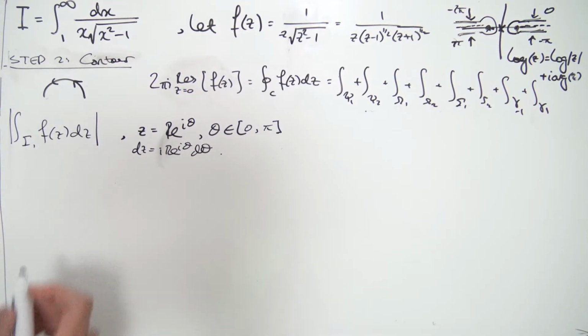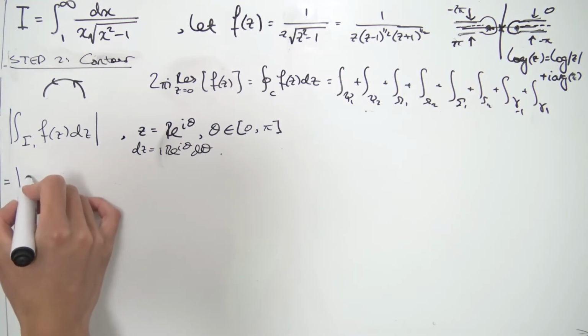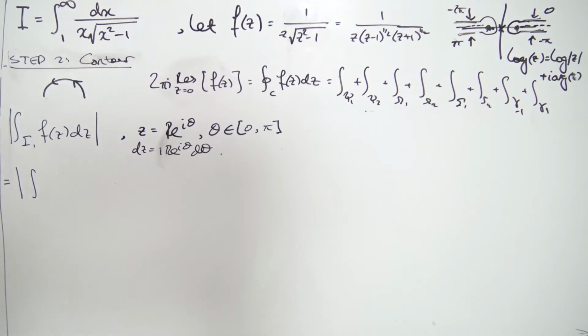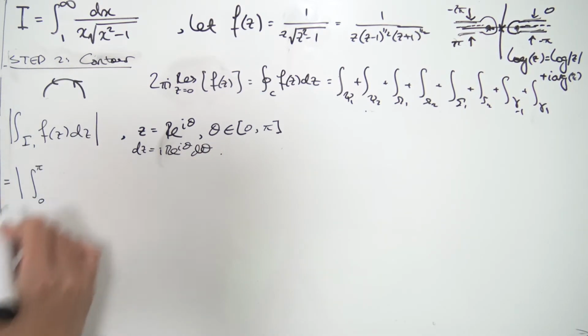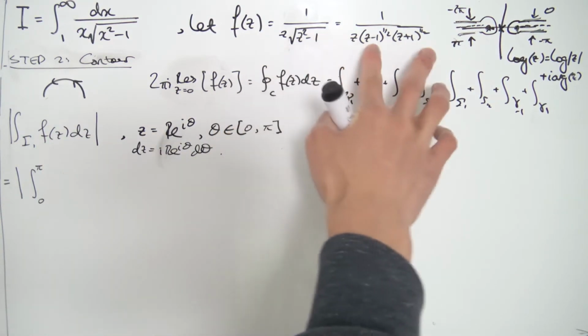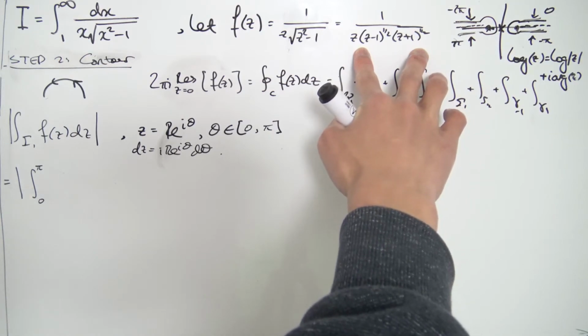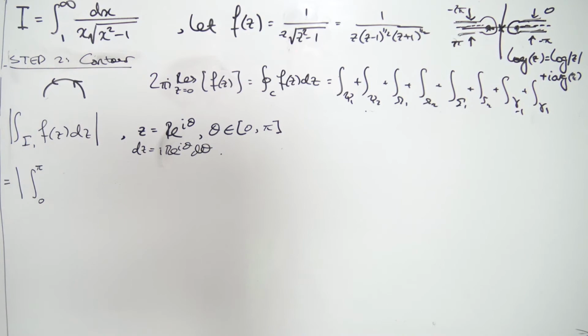Okay, so what is this going to become? This is going to be equal to the absolute value of the integral, now going from 0 to pi. Now f of z, which is this guy, I'm going to use this form actually, and substitute z for this R e to the i theta.